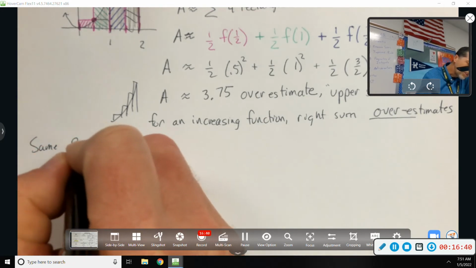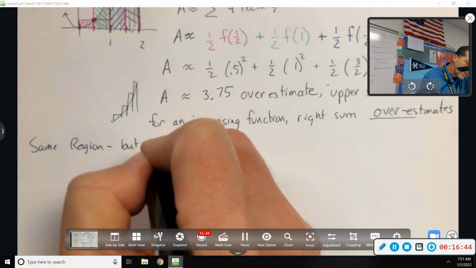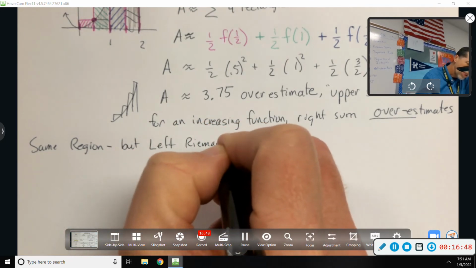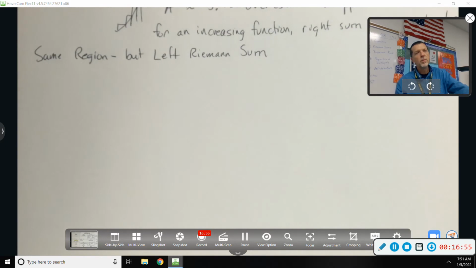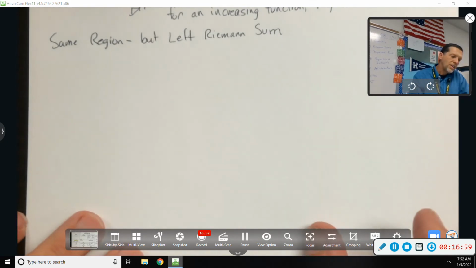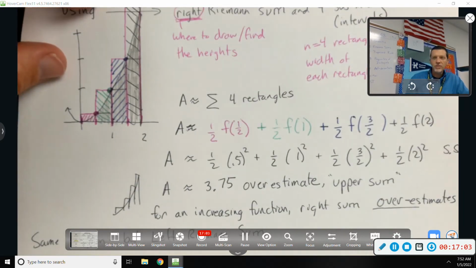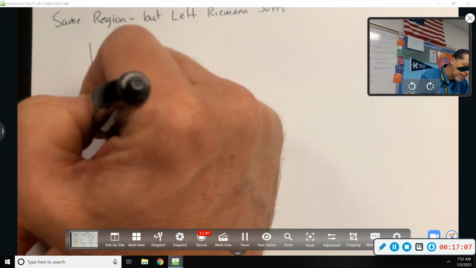All right, let's do the same region, but a left Riemann sum. So kind of the same problem, same area to start with, but we'll estimate it from the left. Now, if you really want to be confusing, you could draw your left rectangles on top of the right rectangles and really mess yourself up. I'm not going to do that. I'm going to draw the shape again.